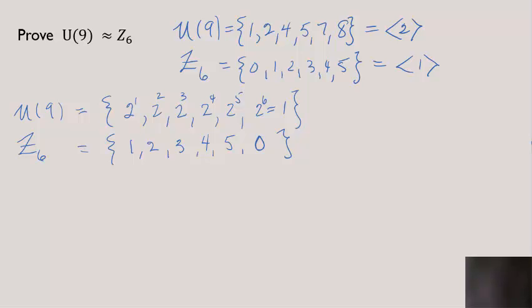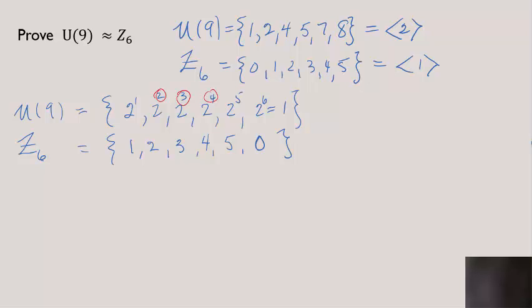If we map 2 squared to 2, we're looking at the exponents here. 2 squared, I'll map to 2. 2 cubed, I'll map to 3. 2 to the 4th to 4. So in other words, we're mapping 2 times 2 times 2 times 2 to 1 plus 1 plus 1 plus 1.